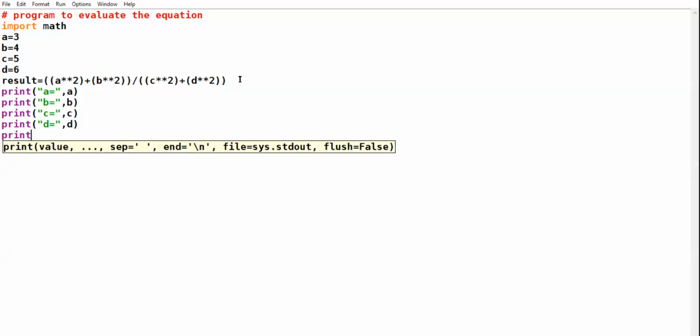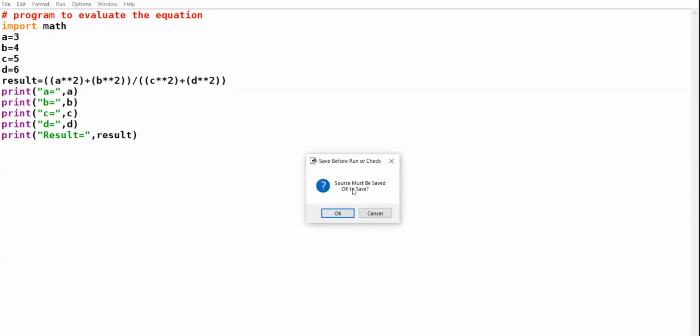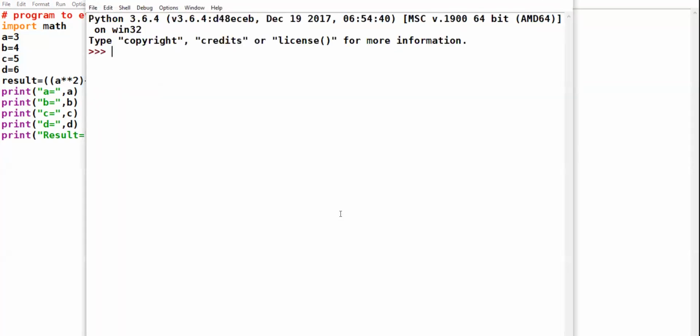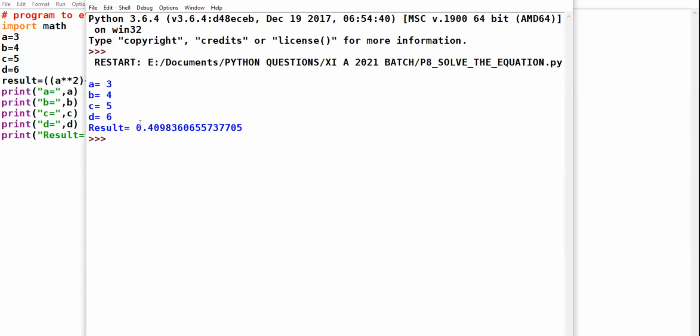Now print the final result. Print the final result. This is the answer.